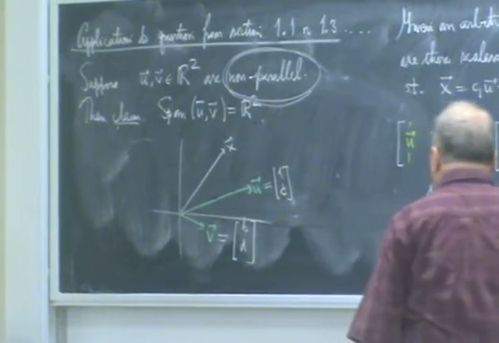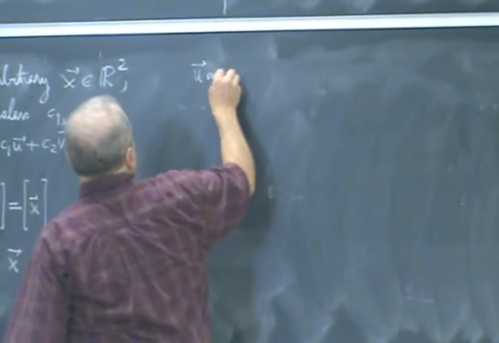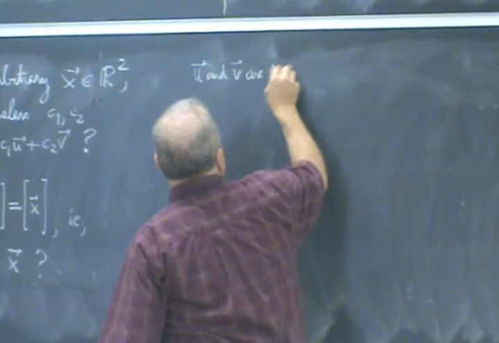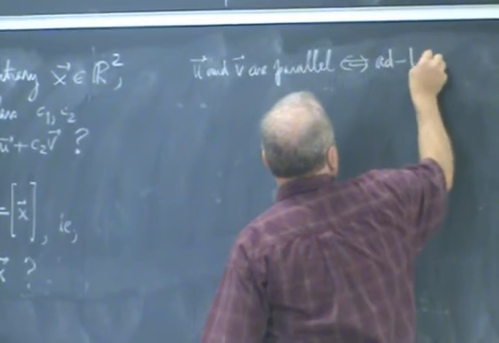So note that u and v are parallel if and only if AD minus BC is 0.